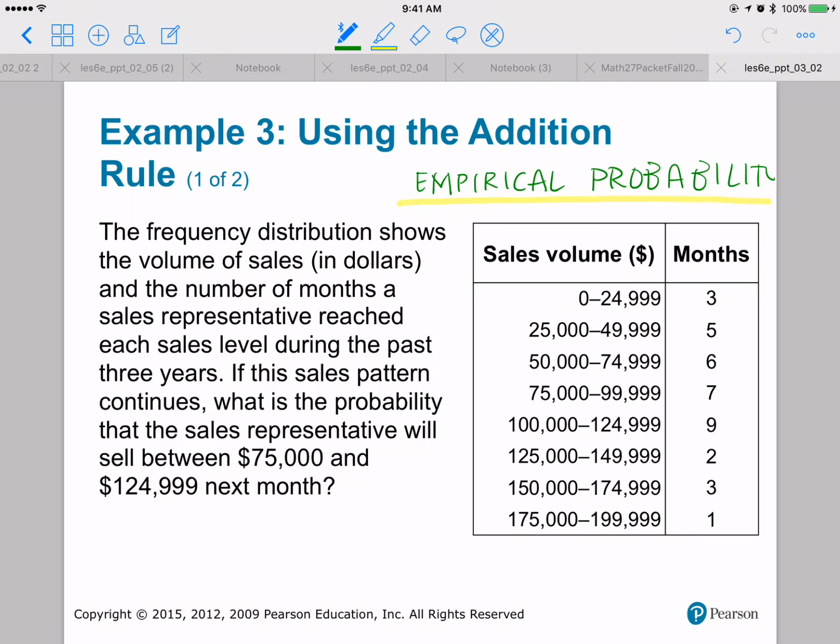It looks like what we're being asked to find is the probability that the sales representative will sell between 75,000 and 124,999.